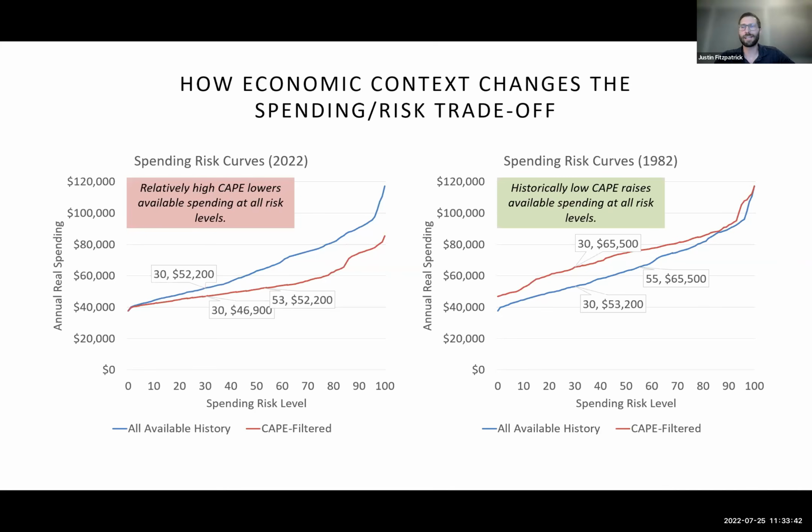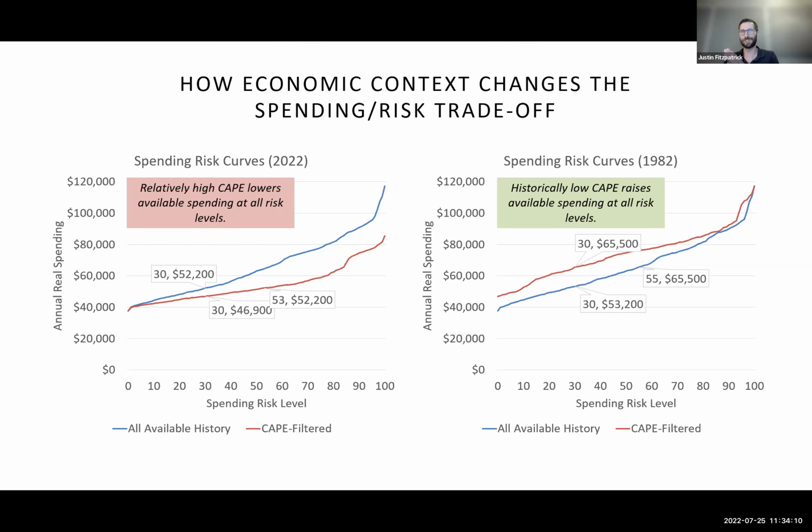So with that in mind, we can use our historical data and say, well, what does risk look like when you apply a lens, in this case of CAPE? So in 2022, these numbers are from March. If we took all of available history and did the same thing, ranked how much could somebody have afforded to spend from a $1 million portfolio at every risk level, right?